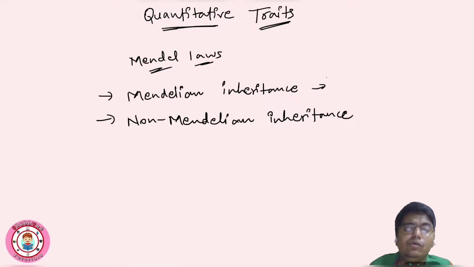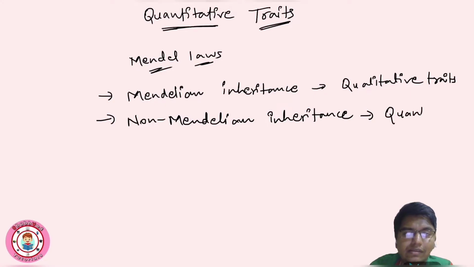this video is about quantitative traits, but Mendelian inheritance, the Mendel laws, are followed by qualitative traits, and non-Mendelian inheritance can be considered as quantitative traits, because these quantitative traits do not follow Mendelian inheritance or Mendelian laws.